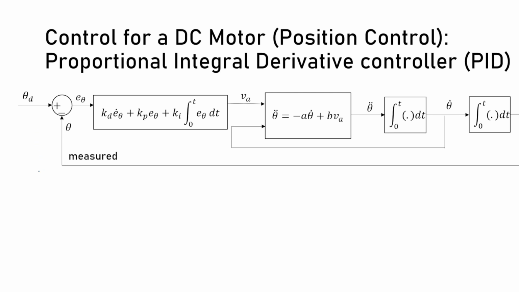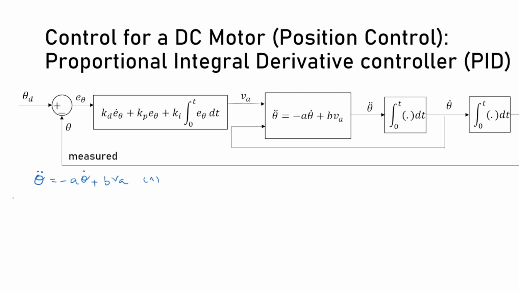Again, we start from theta double dot equals minus a theta dot plus b va, equation 1.